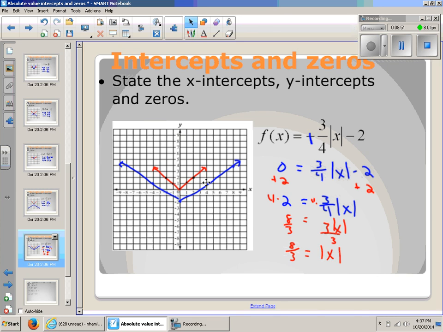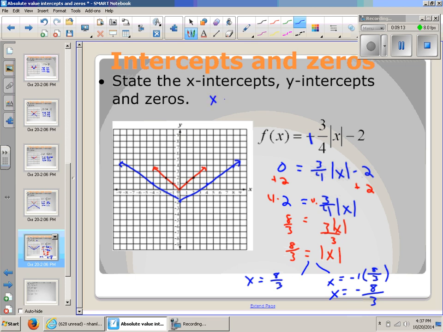So I've isolated the absolute value, and remember, we need to make 2 cases. First case is just drop the bars, and the second case is drop the bars and multiply by negative 1. So I have x equals negative 8/3. So my x-intercepts are 8/3, 0, and negative 8/3, 0.